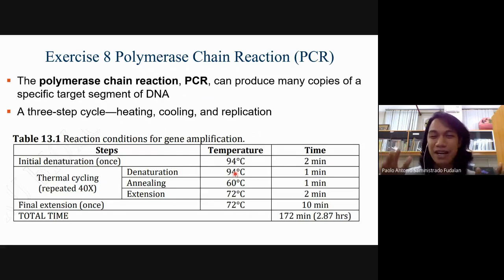So there is some waiting time in between the steps. So we took a little bit more than 4 hours in the actual video. This is going to be repeated 40 times in our case. After the 40 repetitions of denaturation, annealing, and extension, we finish our PCR.